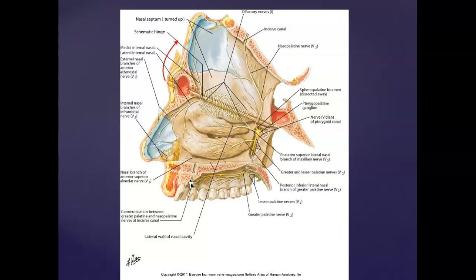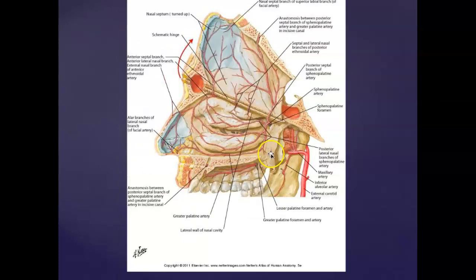So the greater palatine artery and nerve, the artery from this slide coming down here, and the nerve are going to come through, and they're going to go into that incisive canal as well. So remember that this septal branch of the artery is going to go into that incisive canal as well. I didn't mention that in this lecture, but we said that previously, I think.